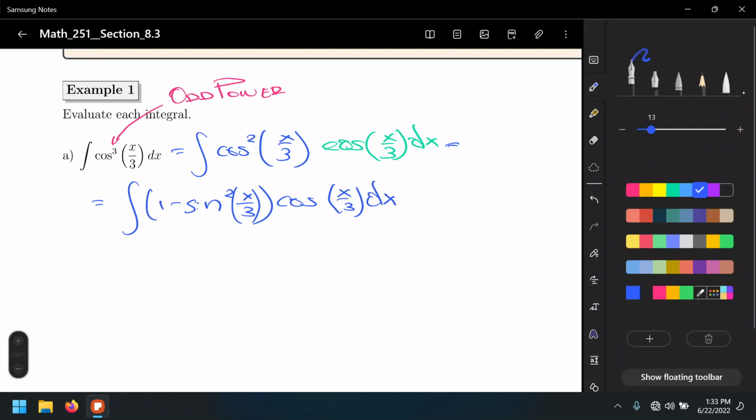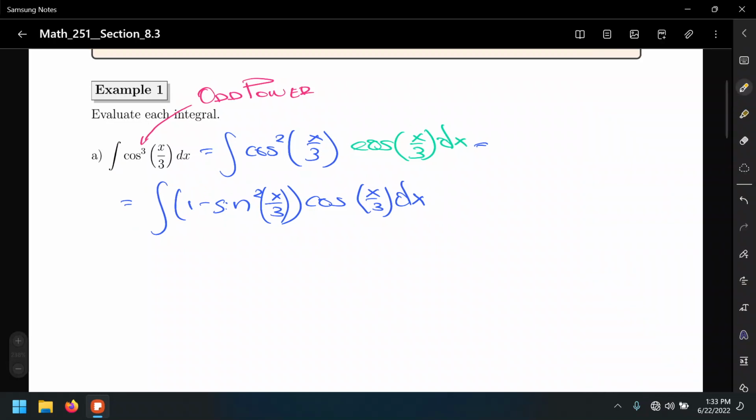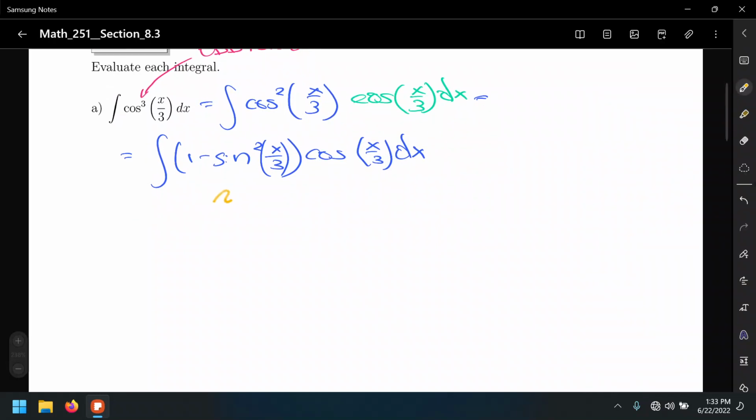So this is great, because we can just call it u equals sine x over 3, du, which is 1/3 cosine x over 3 dx, and well, cosine x over 3 on the other hand equals, oh actually not 1/3, it's 3 du, right?